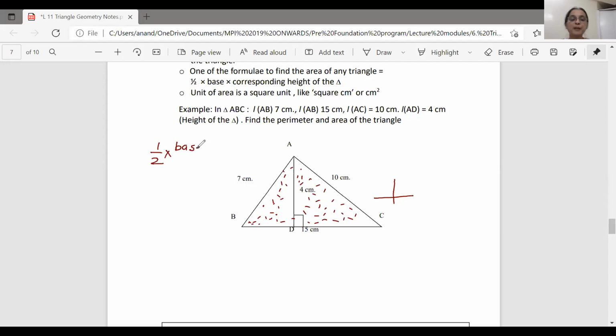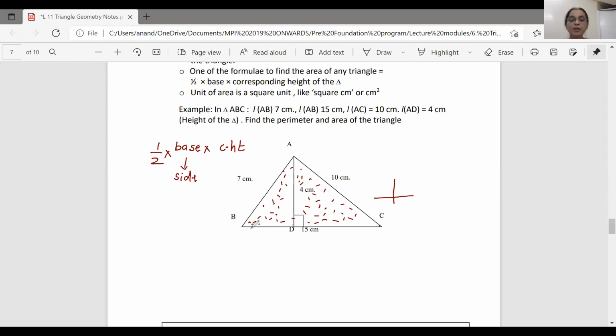Base is any side. So I have three bases, AB, BC and AC. Base is any side of the triangle. So half into base into the corresponding height. Very important. So if I am choosing BC as my base, I will choose AD as my height.